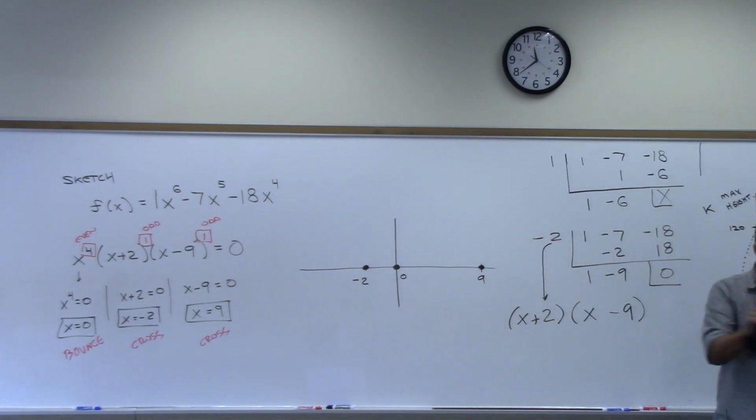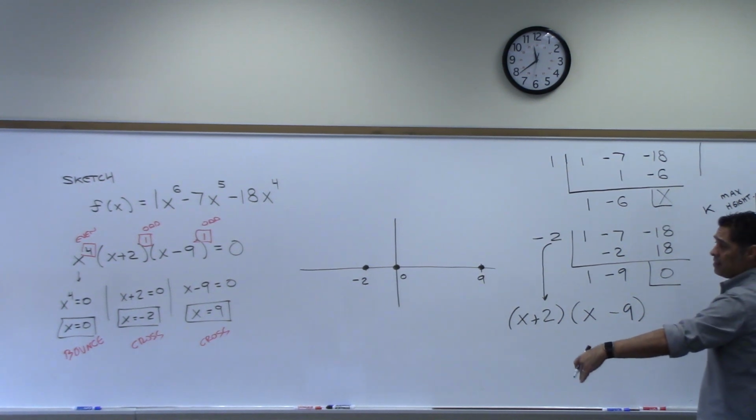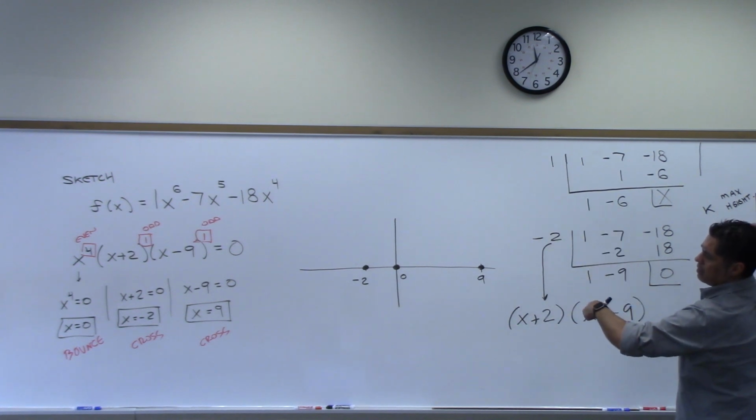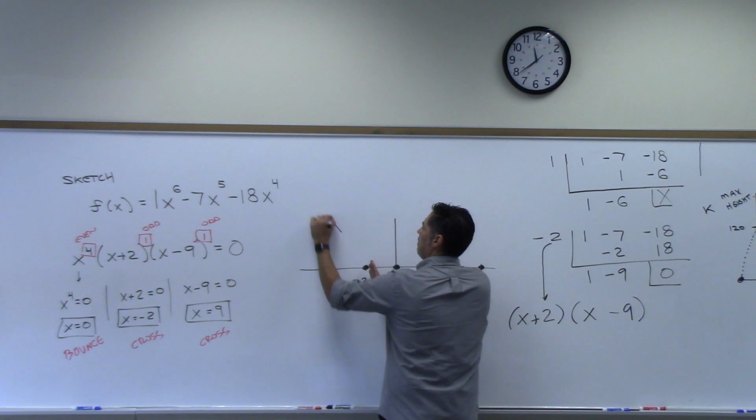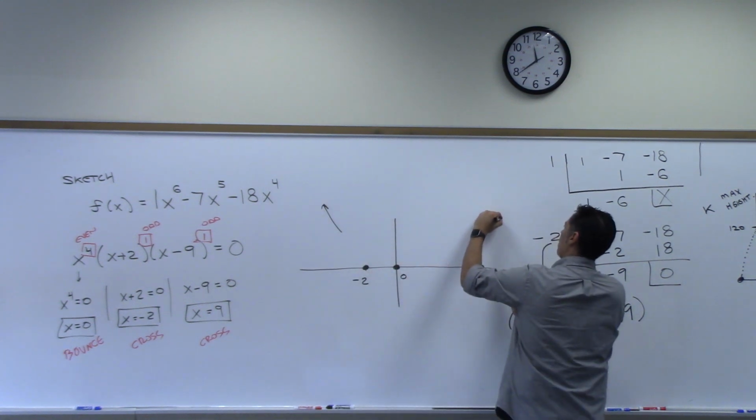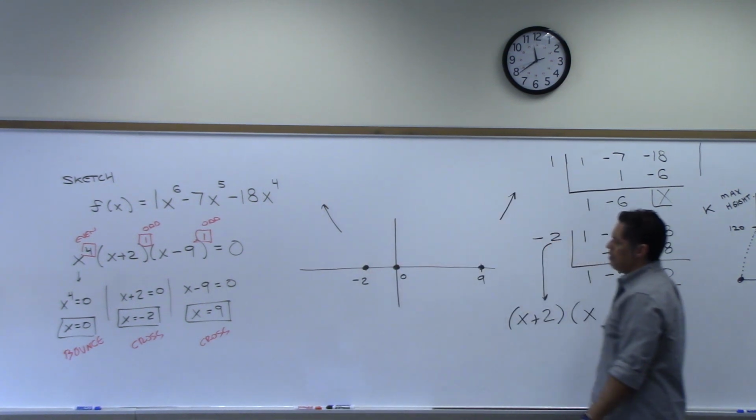Don't get the numbers backwards. Once I have the dots, anyone remember what I do next? Your arrows, the end behavior. Do that step next. On both sides, we're going up. So over here, look at our sketch, go up like this, and over here it goes up like this. I know that much.